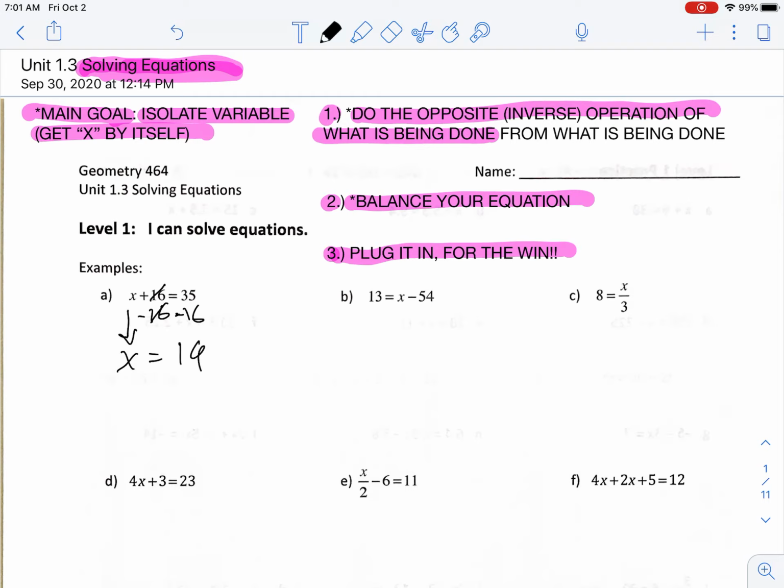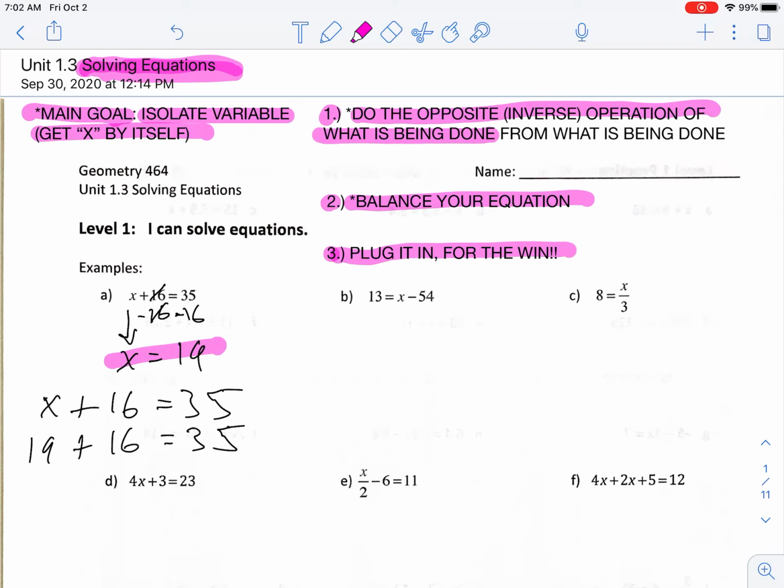I put 19 in for x right here, and let's see if that's correct. 19 plus 16 equals 35. Okay, so that one is good. So I know that this is my answer right here.